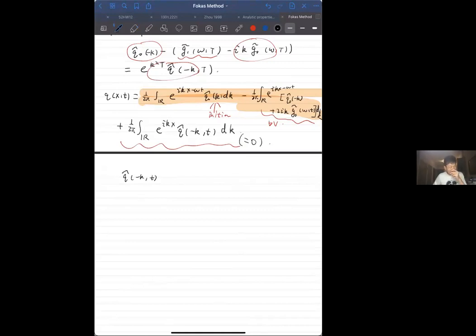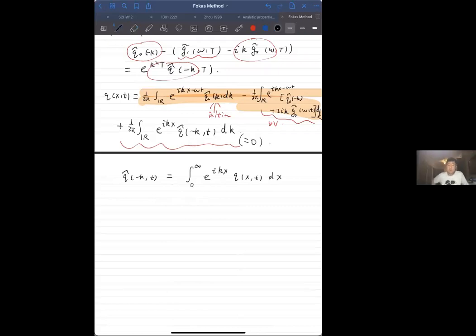Let me think. So this thing is the Fourier transform of... you change the k to the minus k, so it's the integral of e^{ikx} q(x,t) dx from 0 to infinity.